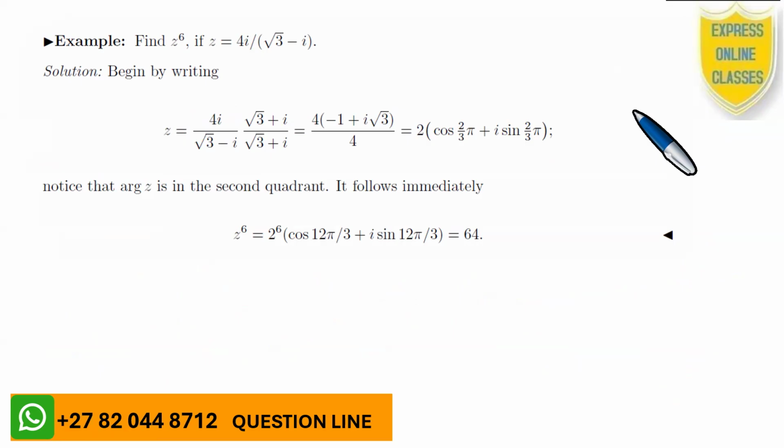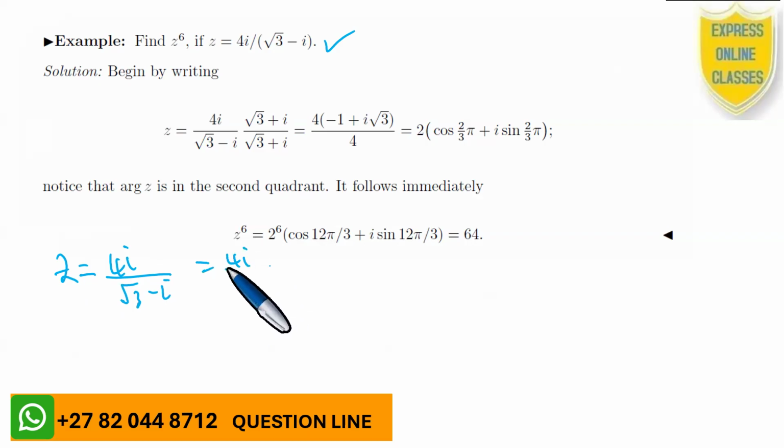But you need to do a couple of things to deal with it. You need to first rationalize. Given that z equals 4i divided by the square root of 3 minus i.